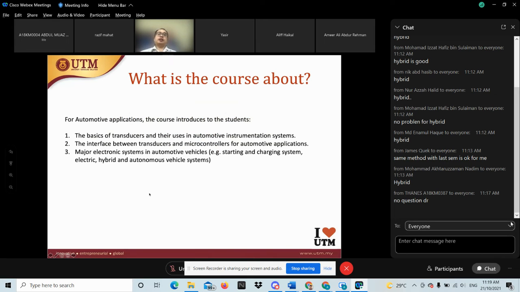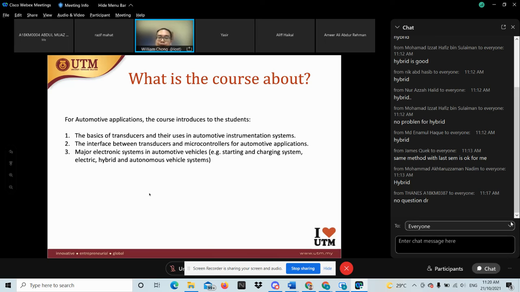Okay, so what this course is going to cover is what a transducer or sensor is, and then how we are going to use all these sensors in automotive instrumentation systems. And then we will be focusing on the interface between transducers and microcontrollers.